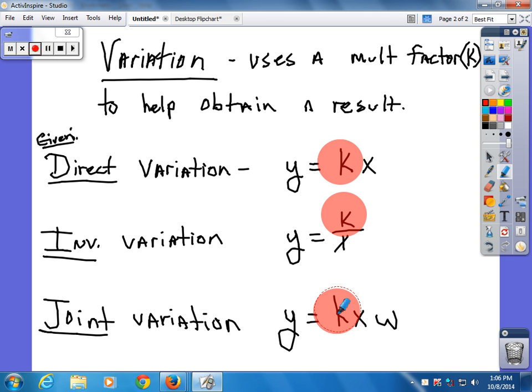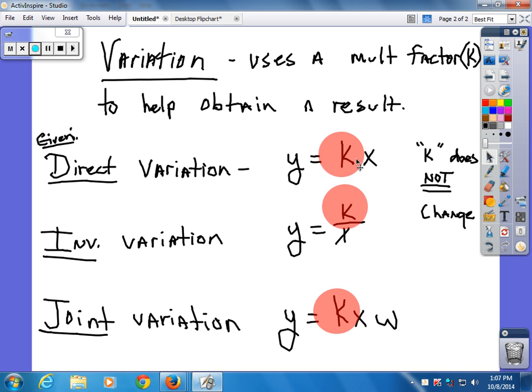Write that down somewhere. The other variables will change depending on what the question asks for. K does not change. So make sure you make a note of that, because I don't want anybody getting the wrong answer because of that.